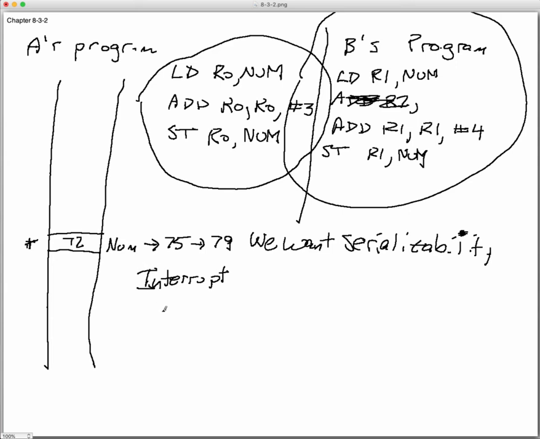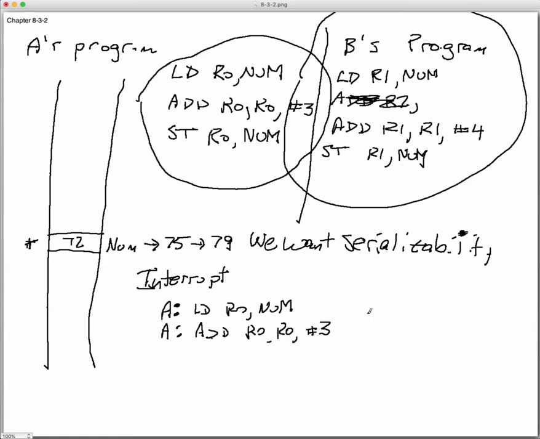So from the CPU's point of view, the CPU is actually doing something like this. It might be doing A's program, and it could be doing the load R0 num, and then we could still be doing A's program, and we're doing add R0 number 3.